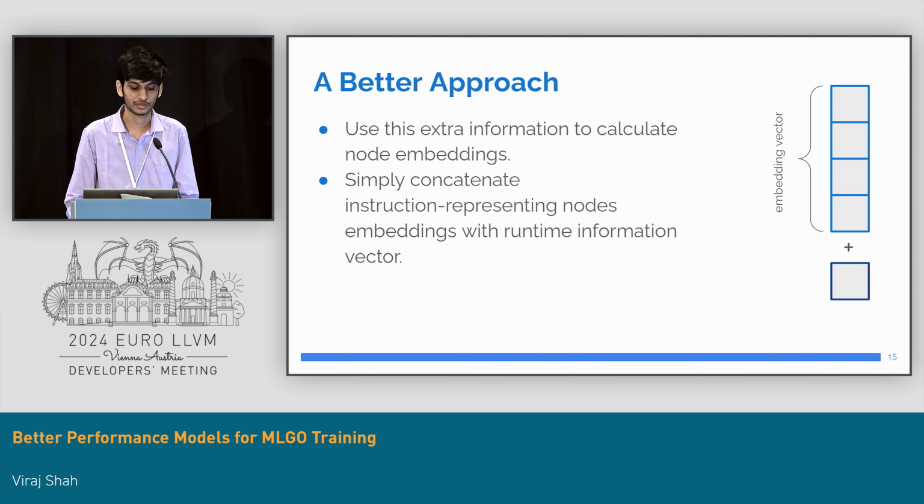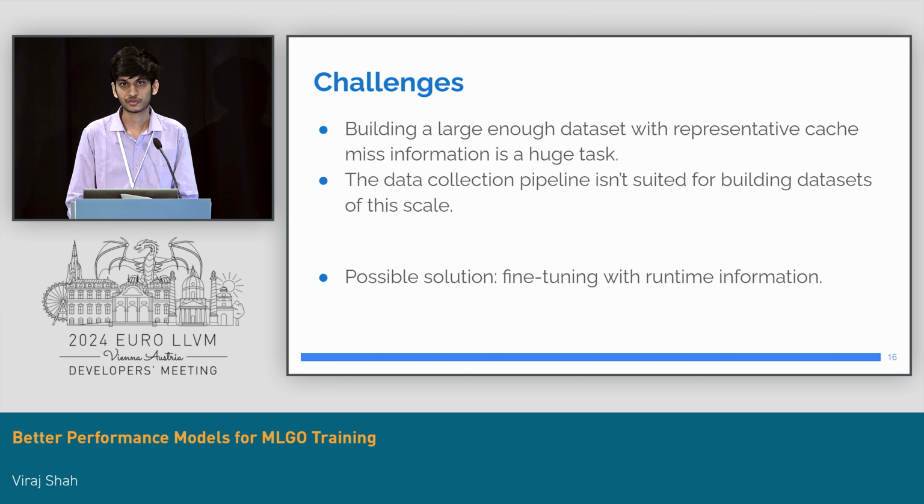All of this works in theory, but practically building a dataset that is large enough to train such a model with cache miss or runtime information in a way that is representative of how the program actually behaves is a huge task in and of itself. Since while basic block latency ground truths can be collected on a basic block level of granularity, whether an instruction will cache miss or not usually depends on the overall program state and whatever came before this particular basic block.